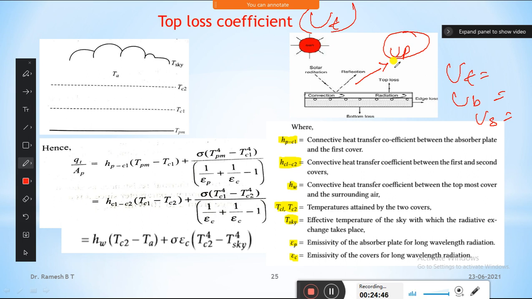For this calculation, we can assume that this transparent cover, as we already know, and the absorber plate constitute a system with infinite layers, meaning infinite parallel surfaces, with one-dimensional heat flow, and the heat flow is always steady state.